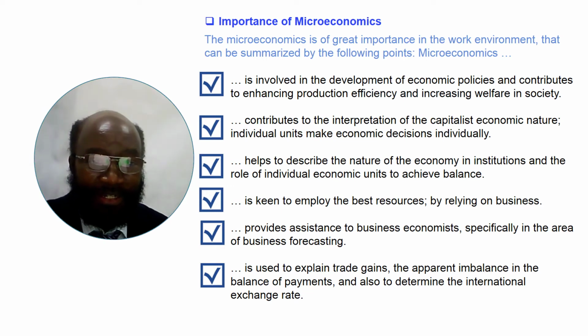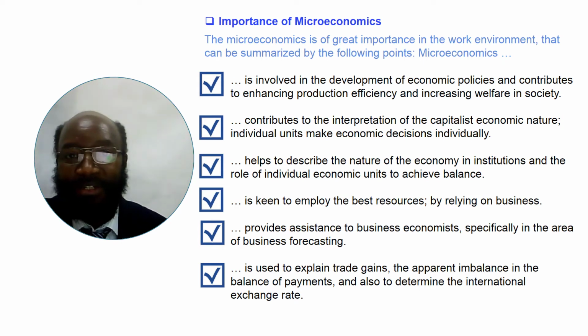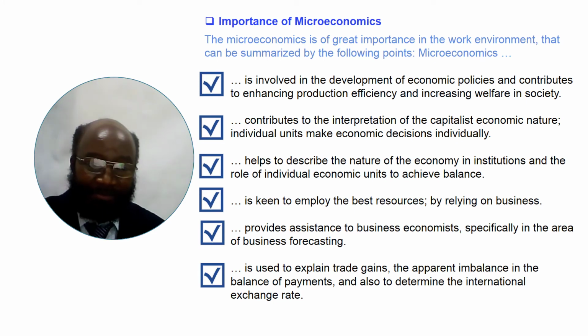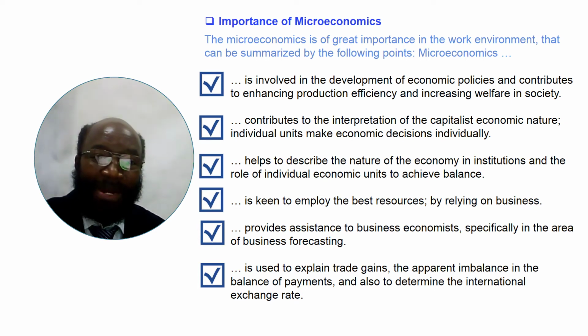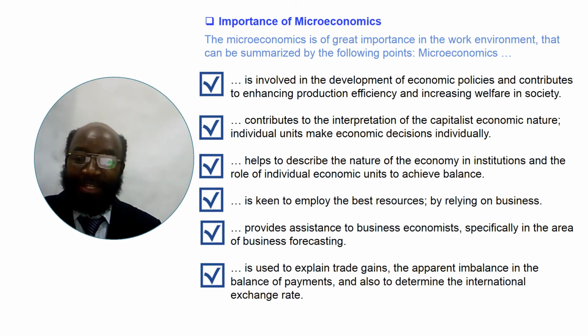Microeconomics contributes to the interpretation of capitalist economic nature. Individualists make economic decisions individually, okay? And we can say that macroeconomics helps to describe the nature of the economy of any institutions, and so on.